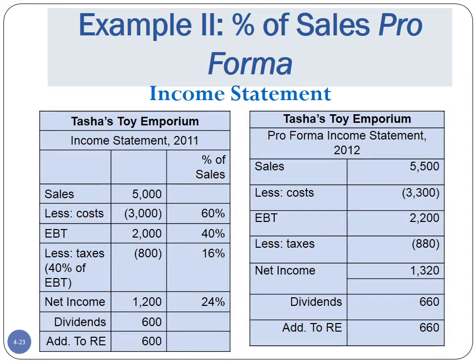So here we see a pro forma statement as a percentage of sales. We can see that everything varies directly as a percentage of sales, and we see simply that the pro forma statement is an estimate of the future impact of the growth in sales.